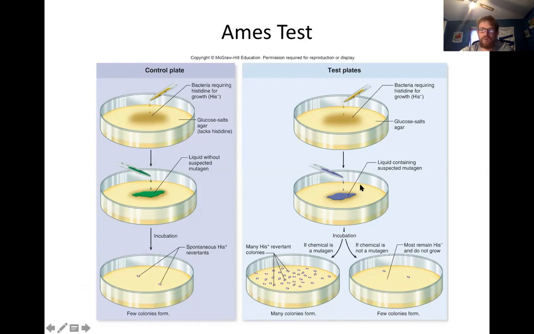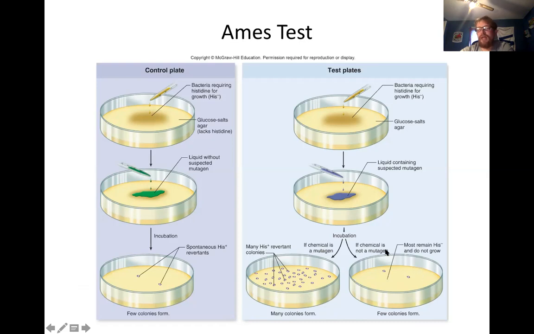If this liquid on its own, or with the addition of an animal liver extract, and typically we use rat liver extract, is a mutagen, what you will actually see is a lot of colonies growing. So now these colonies have mutated or reverted back, because of the mutagen, to a colony that can grow in the absence of histidine in the plate.